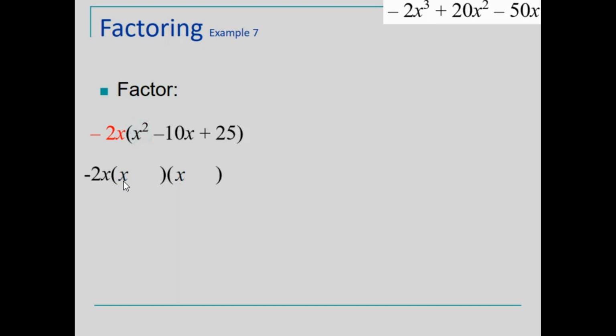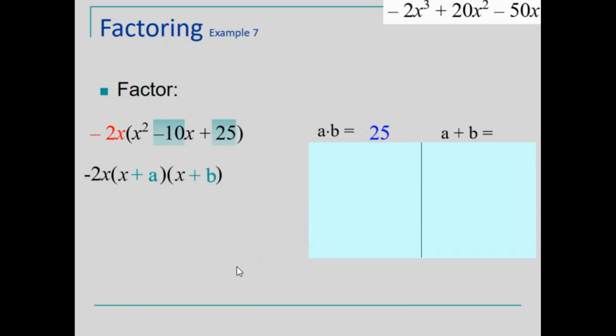Next, we're looking for factors of our binomial second terms that multiply to give us 25 and add up to give us the -10, which is the coefficient of our middle term. Because the constant term is positive and the middle term is negative, it tells us that both factors are negative.